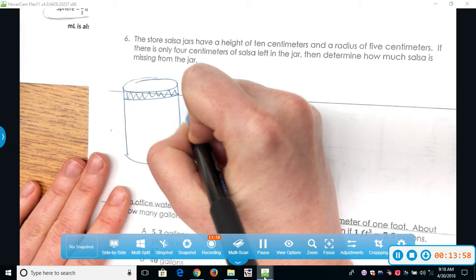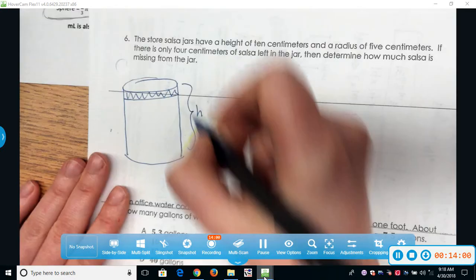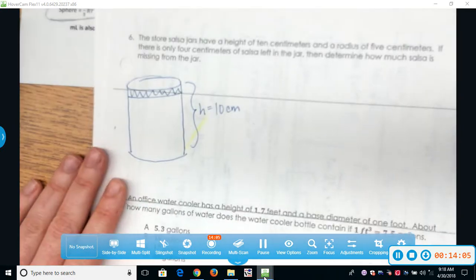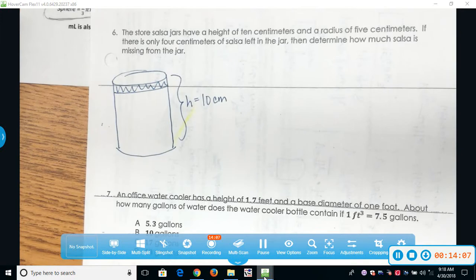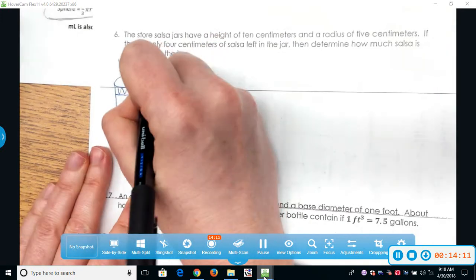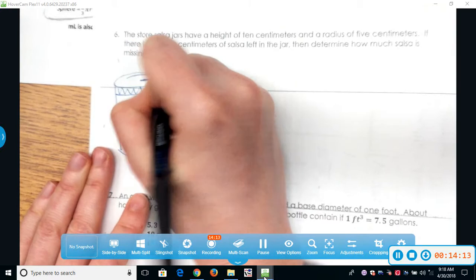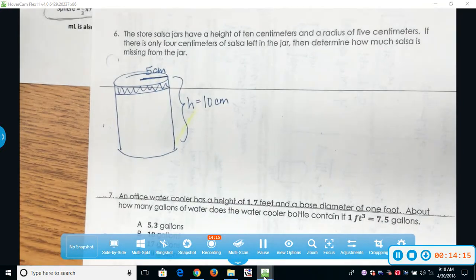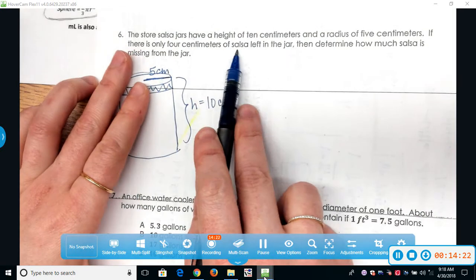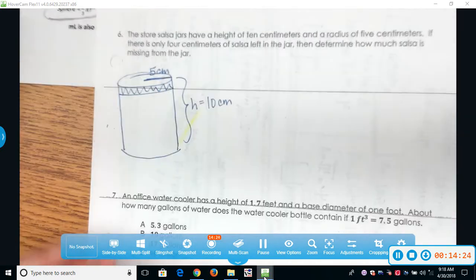It has a height, H, of 10 centimeters. The radius of this salsa jar is 5 centimeters. It says if there is only 4 centimeters of salsa left in the jar.